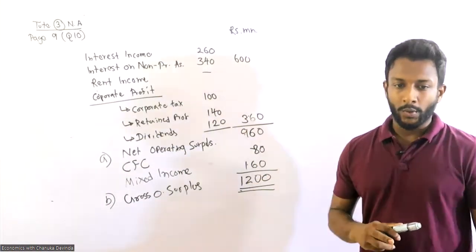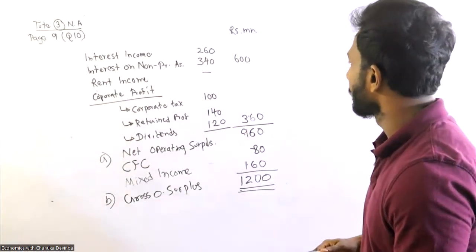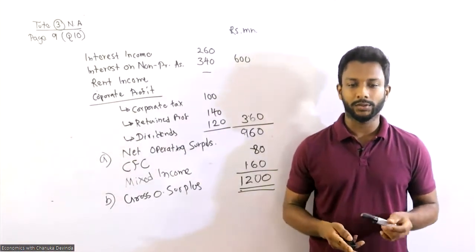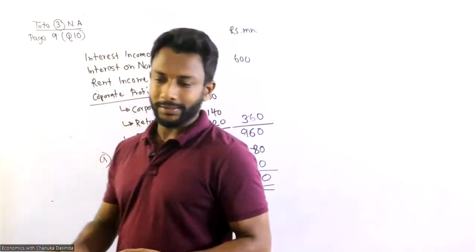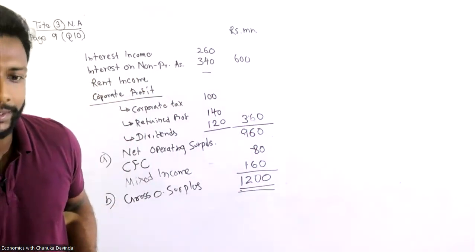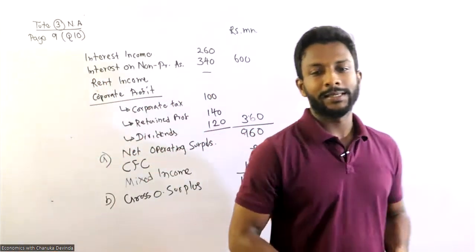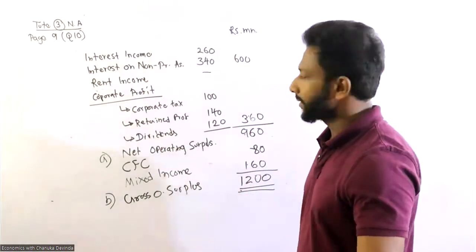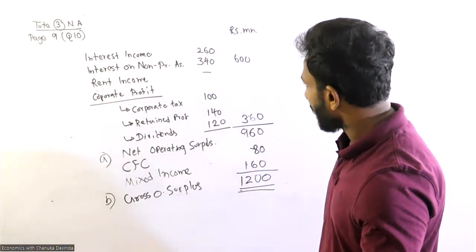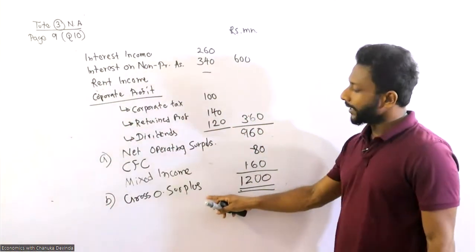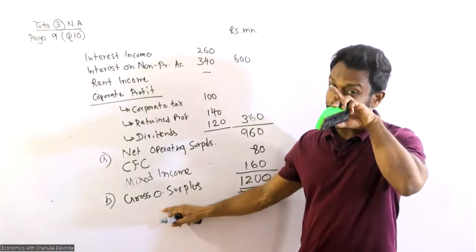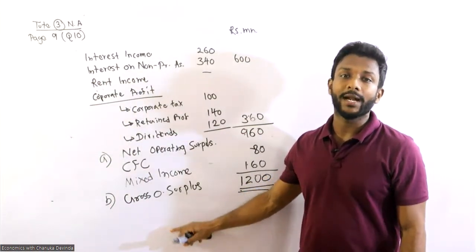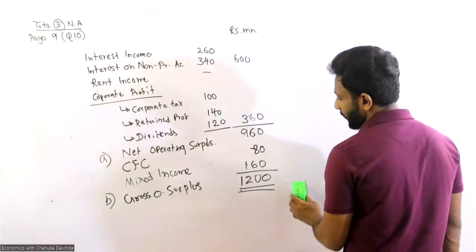Now we can step into the next question. What's the next question? It is, I think, gross value added at basic price. Yes, C, gross value added at basic price. So here we need the gross operating surplus value to find gross value added at basic price, right?